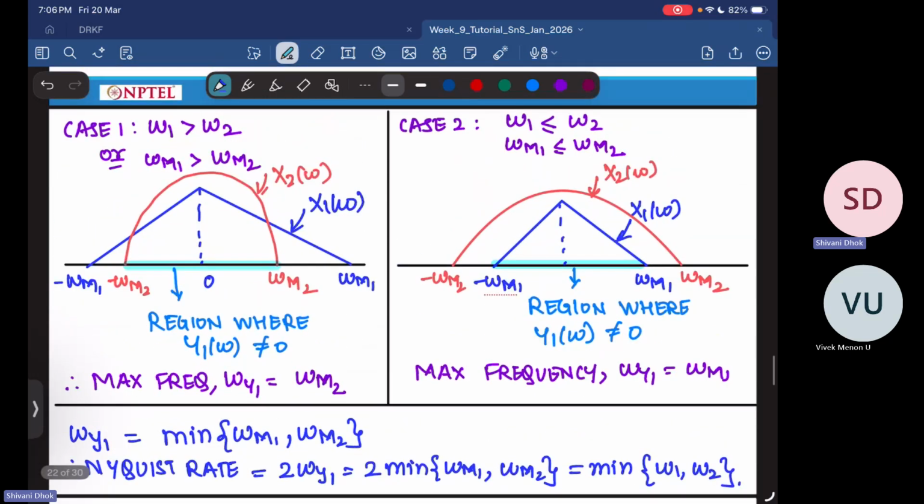So if you have convolution in the time domain, in the frequency domain you get multiplication, and the Nyquist rate will be the minimum of these two. Okay.